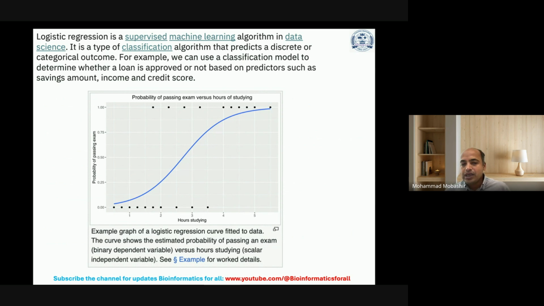Here is an example graph taken from Wikipedia. This is a logistic regression curve best fitted to the data. The curve shows the estimated probability of passing an exam versus hours studying, a scalar independent variable.